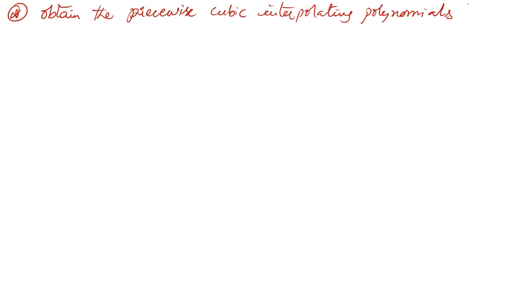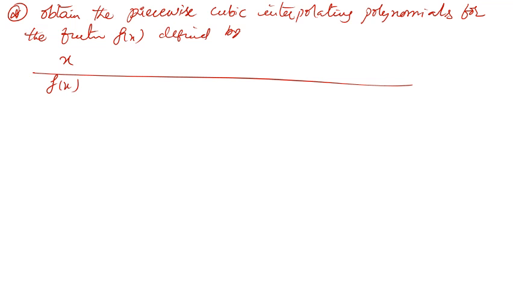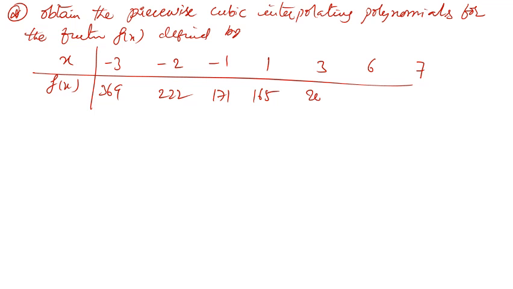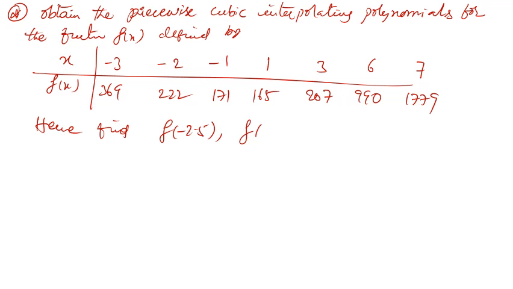Obtain the piecewise cubic interpolating polynomials for the function f of x defined by the same problem, x versus f of x: minus 3, minus 2, minus 1, 1, 3, 6, 7, and data points 369, 222, 171, 165, 207, 990, 1779. Hence find f of minus 2.5 and f of 6.5.